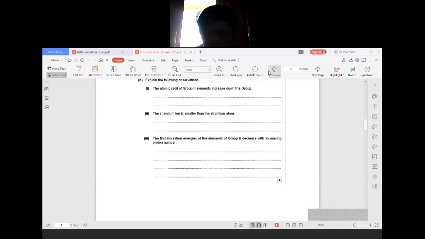There is a shielding effect, shielding from the inner shell that prevents the outermost shell from feeling the nuclear charge. So the nuclear charge decreases, and that makes the ionization energy decrease.